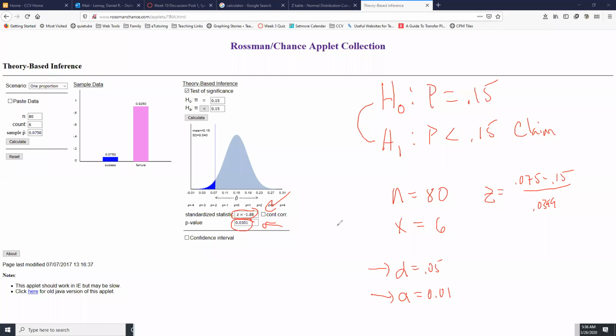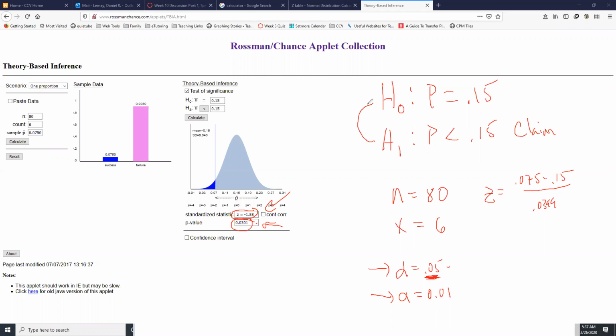Now we're going to make our decision. At the 5% level, is this statistically significant? Well, our p-value is smaller than 0.05. This is the cutoff. Do we get under that cutoff? Is it a small enough number? Well, it is. That p-value is less than 5%.